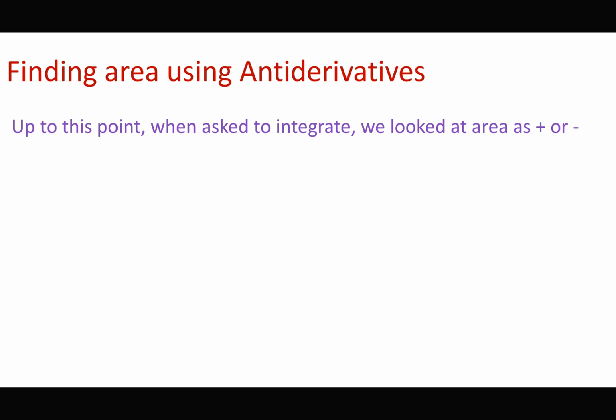Up to this point, when we were asked to integrate, we could figure out, okay, this is 5, that means the area is above the x-axis. If it became negative 5, it's the negative of the area, meaning the area is 5 but below the x-axis.